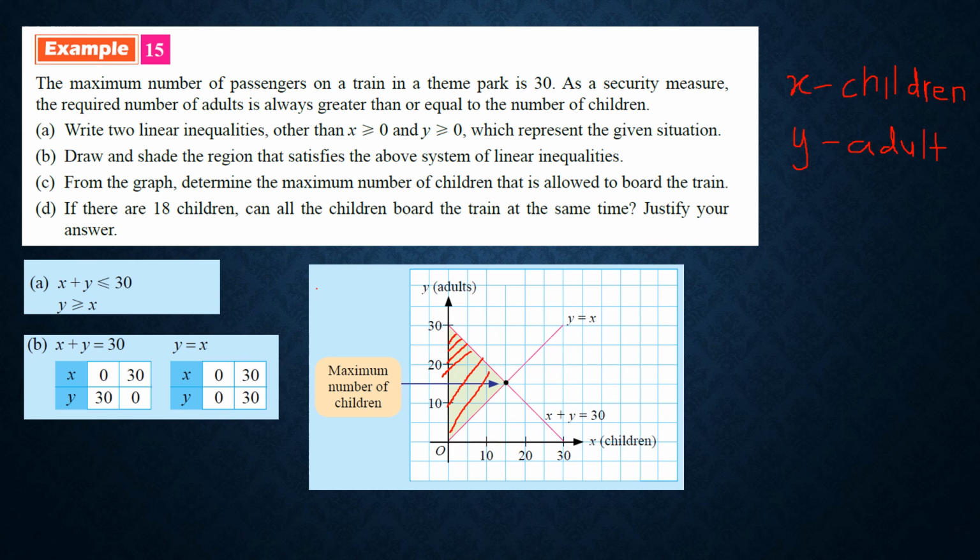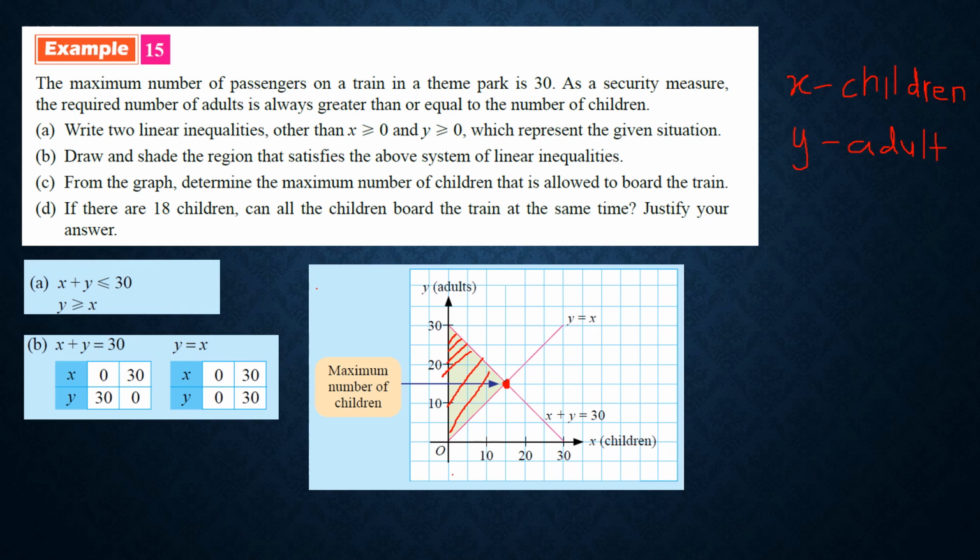Next, from the graph, determine the maximum number of children that is allowed to board the train. So the maximum number of children. How do you identify it? This is the region. This is the maximum number of children.